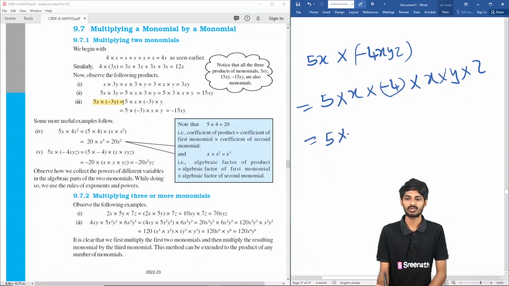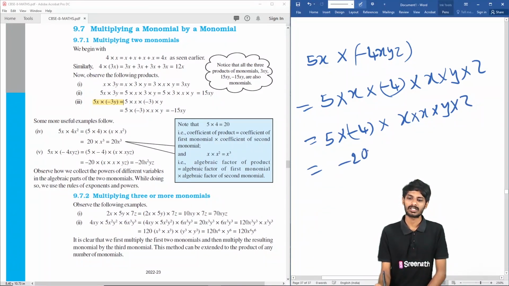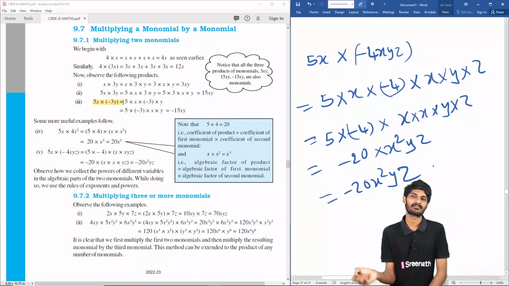So it is 5 into minus 4 into x into x into y into z. So 5 into minus 4 is minus 20, and x into x is x square, then y z. So it is minus 20 x square y z. That's it, students.